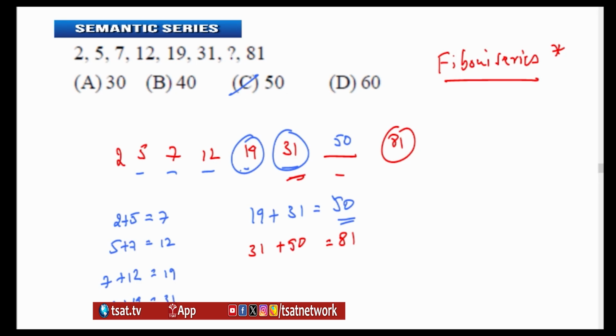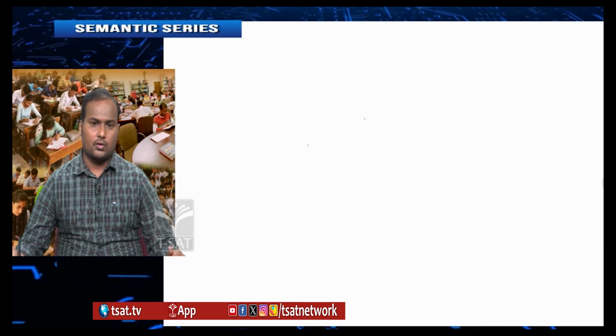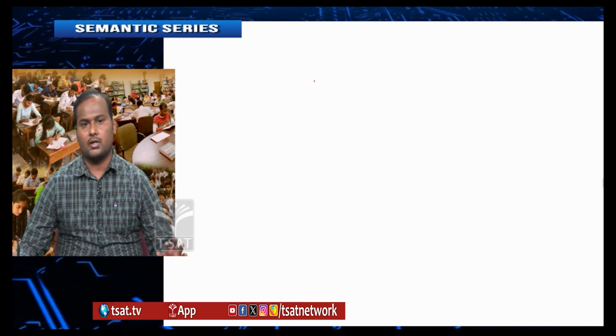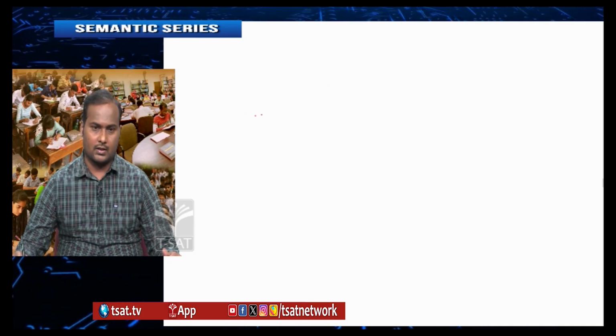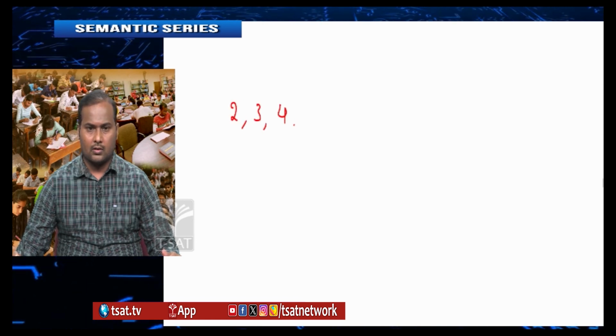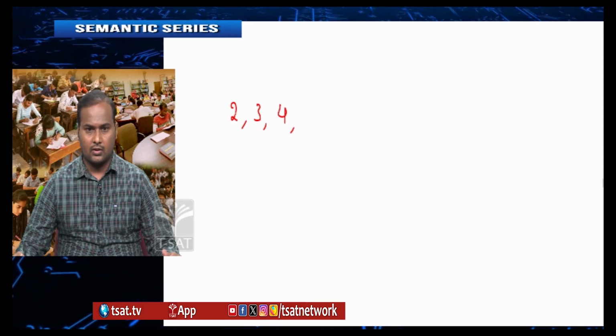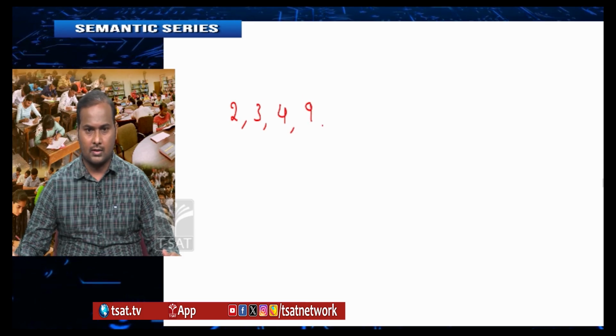There will be a Fibonacci series by adding the previous three numbers also. Now we are going to discuss the question based on Fibonacci series based upon addition of the last three numbers. For example, it is 2, 3, 4. The next one will be the addition, that is 4 plus 3 plus 2, that is 9.